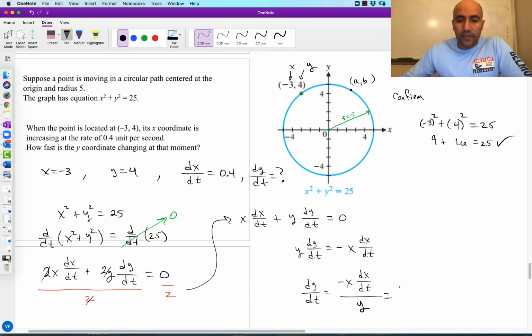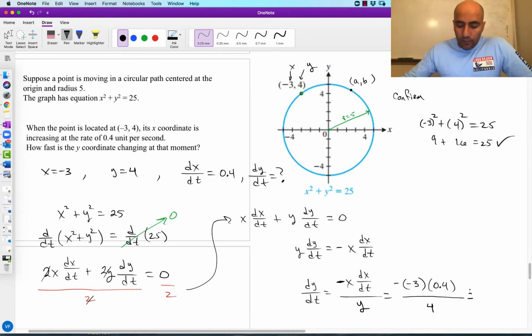Let's plug it all in. We get that x is negative 3, so we have a minus from out here, and then the x itself is also a negative, so we're going to have a minus there and a minus there. dx/dt is equal to 0.4, divided by the y, and the y was 4.